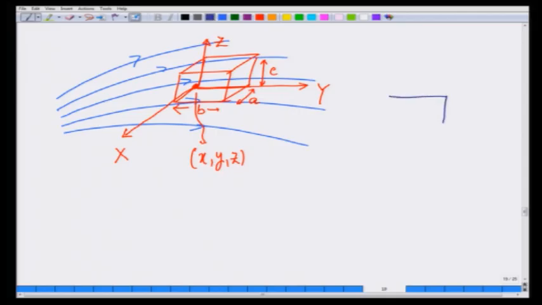This is the box with this side being A, this side being B, and this side being C. Let us calculate, because now water coming in and water going out looks like there is more coming in than going out. Let us really see what happens.